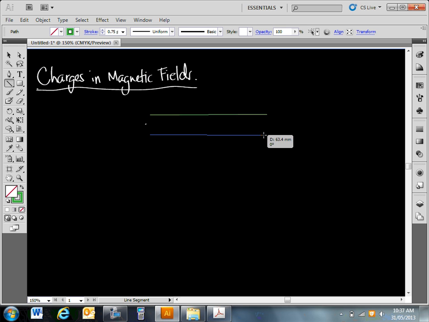Picture a magnetic field, something like this. We draw lots of uniform magnetic fields.